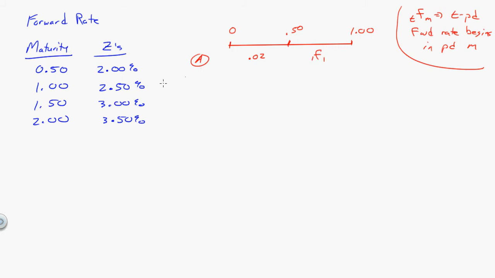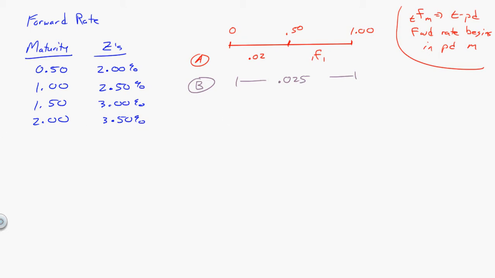And my choices are option A there. Let's put option B in purple. Option B would say I can invest for the entire year at 2.5%. Right? So which one would you rather do? And what we're trying to find is what's going to make you indifferent between those two.